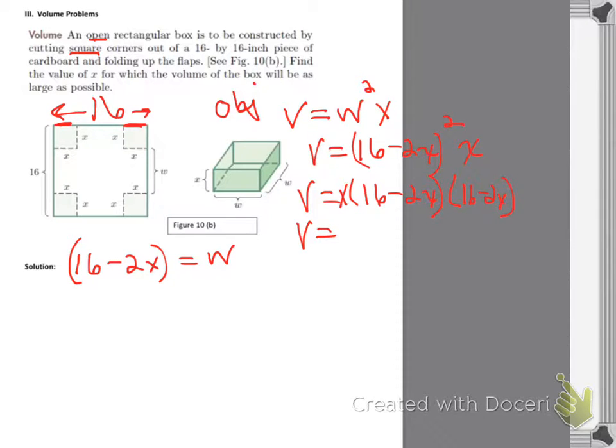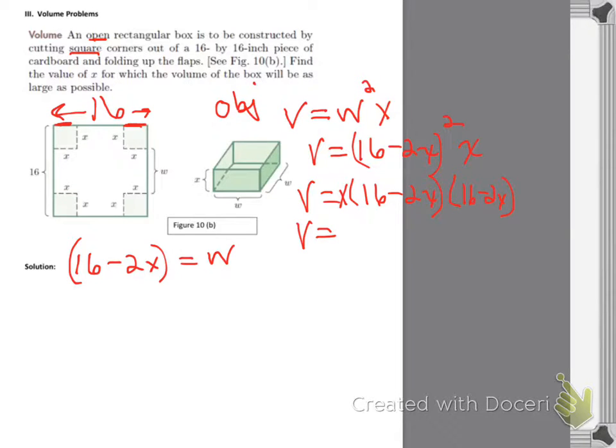So volume equals x, and if I FOIL these two factors, I end up getting, let's see, 256, excuse me, let me backtrack that. Okay, let me backtrack a little bit here so I can write a little neater.